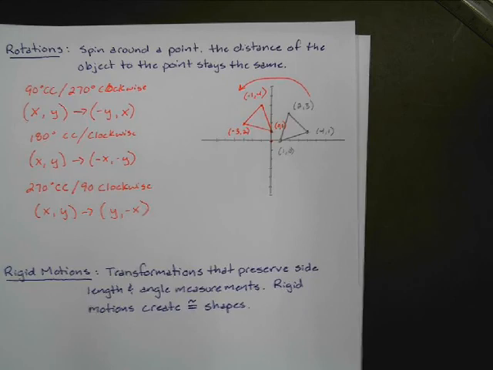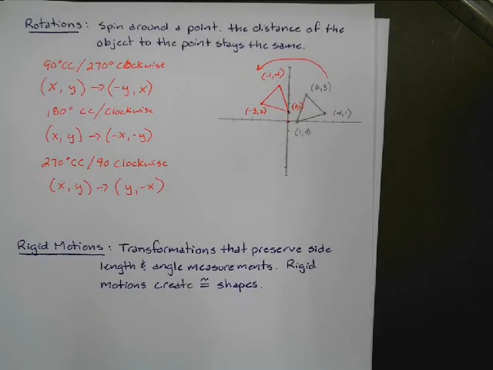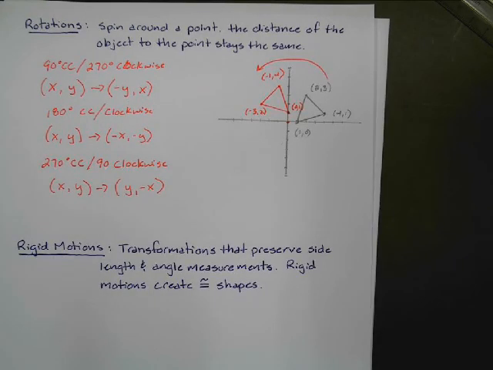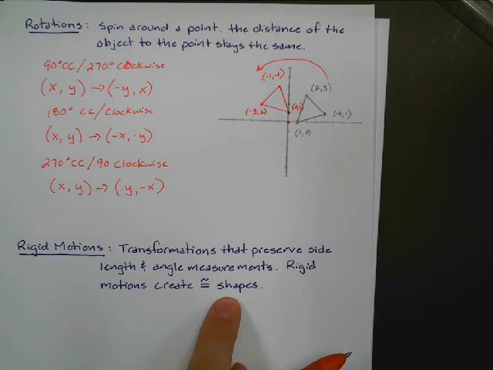All right, so all this stuff that we've been talking about, the translations, the reflections, and the rotations, we call these rigid motions. And this is why it's really important for the unit that we're in. Because rigid motions are a type of transformation where the angles and the side lengths are staying the same. So we know that rigid motions create congruent shapes.